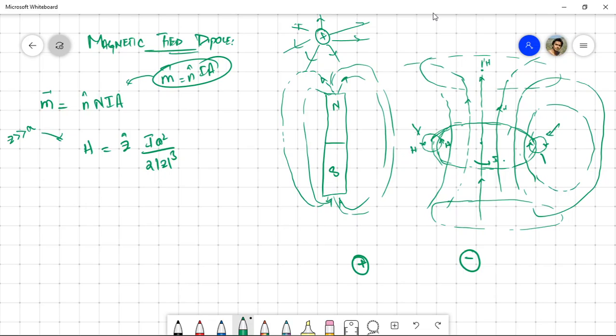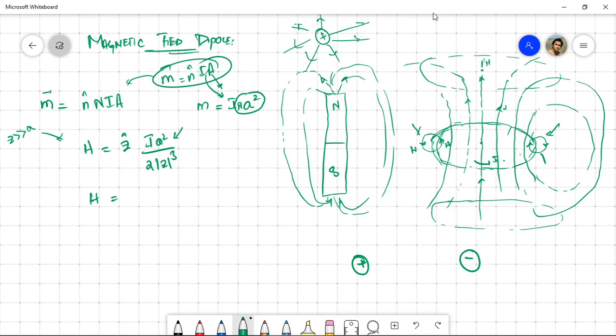So m is basically I pi a squared for this particular scenario. Pi a squared is the area, and I is the value of current. Because it had a single turn, we put n equal to 1.